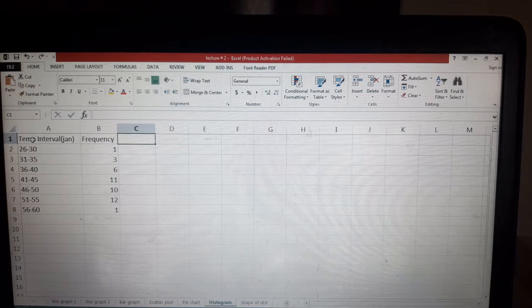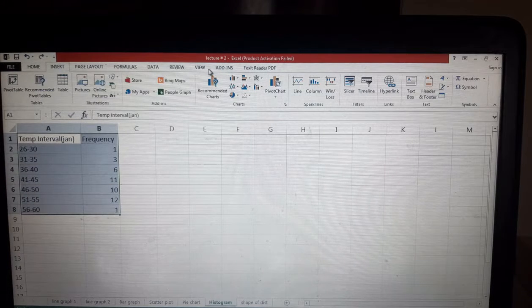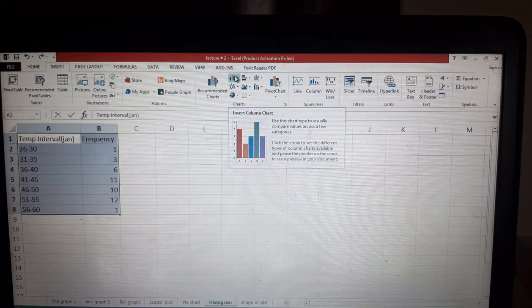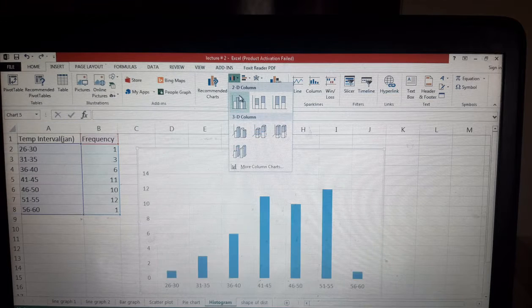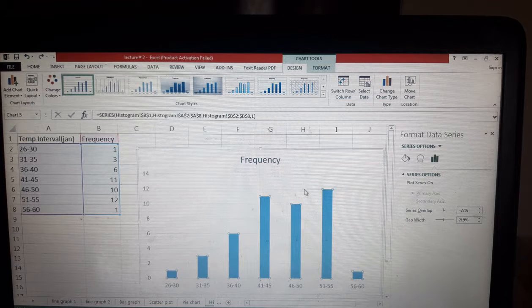For the histogram, select the data with labels, click Insert, click Insert Column Chart, and click Clustered Column Chart. As in a histogram there is no gap between the column bars, select the bars by double-clicking, then in front of Gap Width put 0.